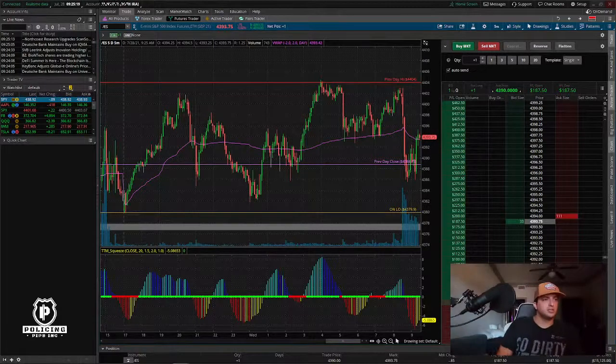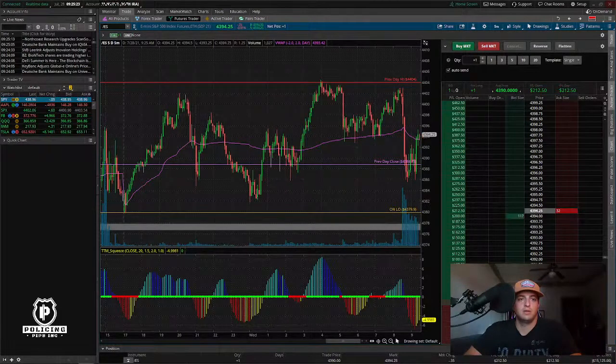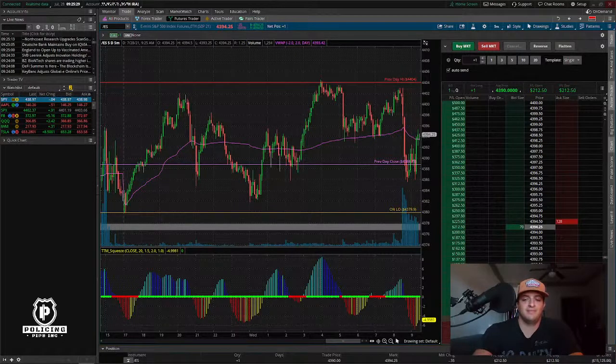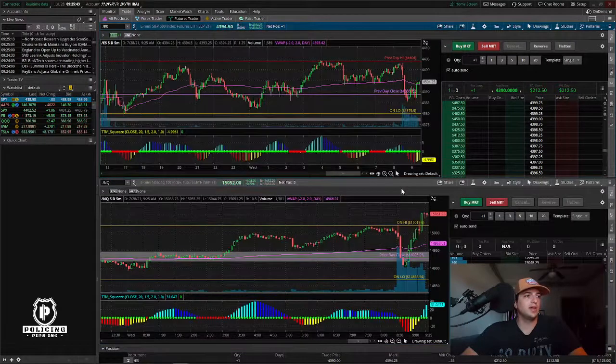It needs to continue up to break through that level. Can tell we need to break that resistance. Obviously, the NASDAQ is just running away with the day.